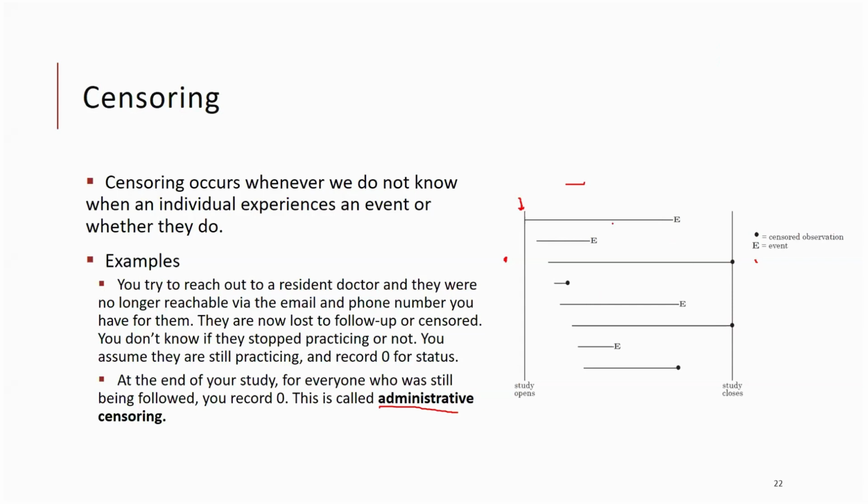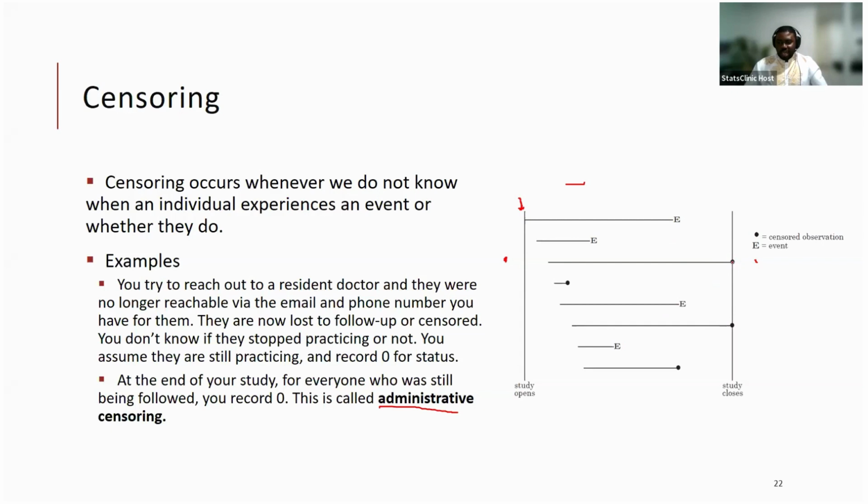All right. So you have this schema of the study. The study opens, you follow them up. Some people have the event, you record one. Some people never have the event during the study. But at the end of your study, you draw the line in the sand and you say they are censored.